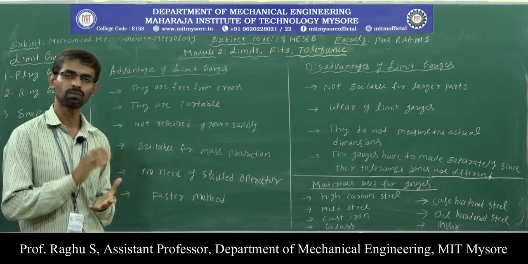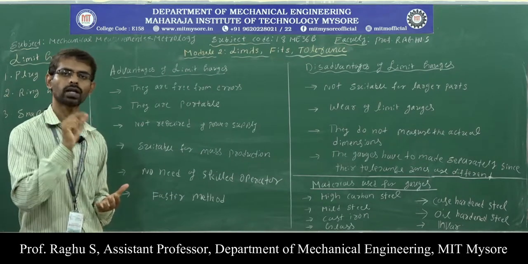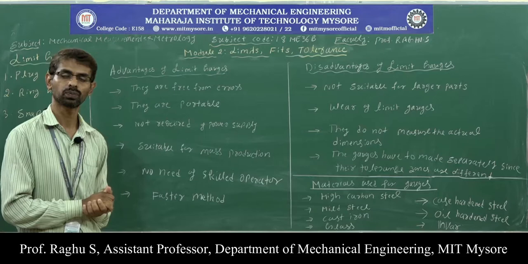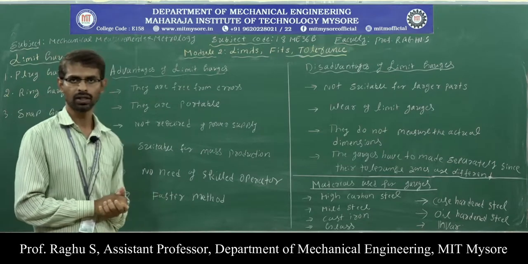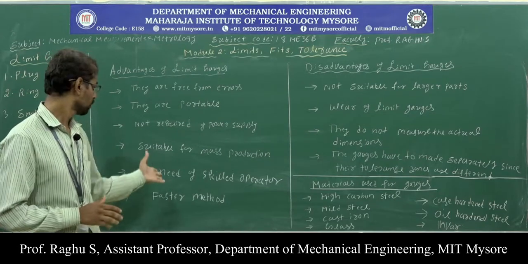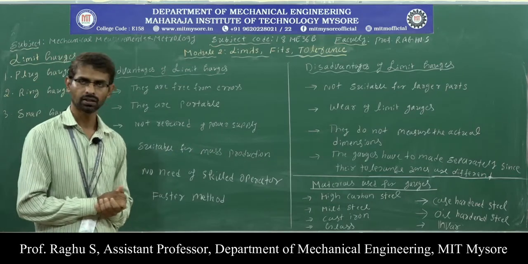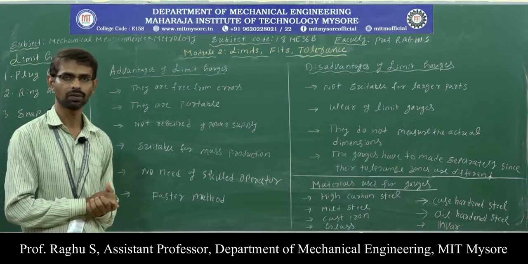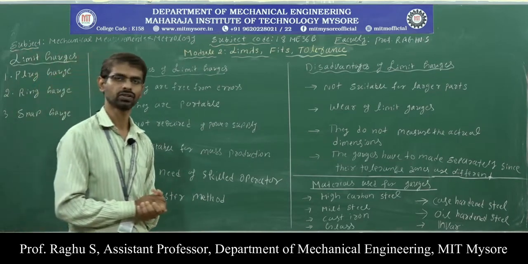Limit gauges will not measure the actual dimension; they are just used to check whether the component has been manufactured within the specified tolerance or not. And there is no need of a skilled operator, because it does not measure the actual dimension. And it is a faster method, which means it gives results very quickly. So these are some advantages of limit gauges.